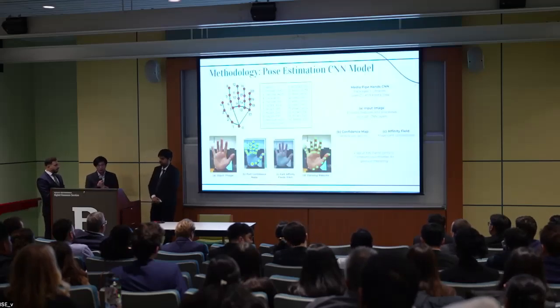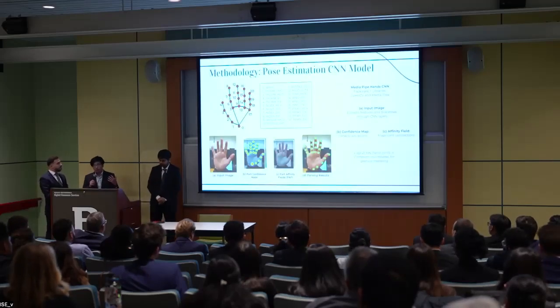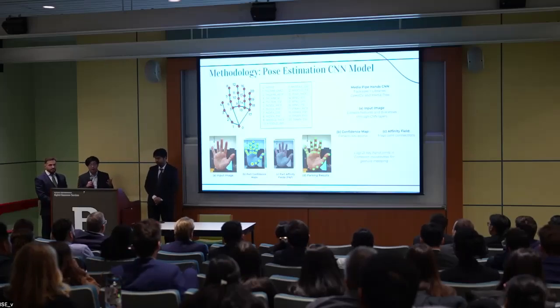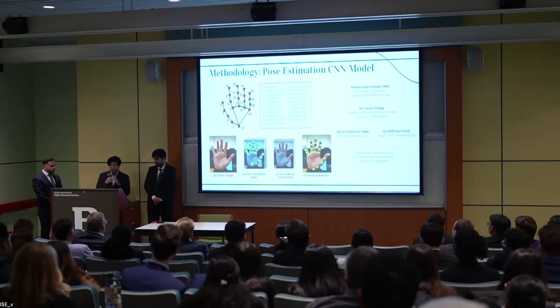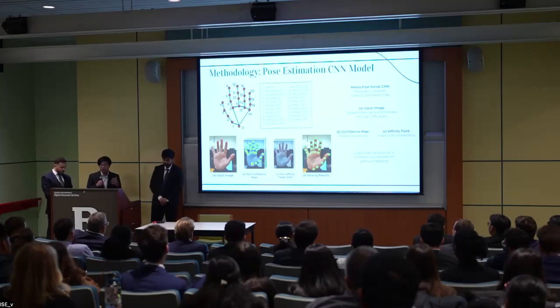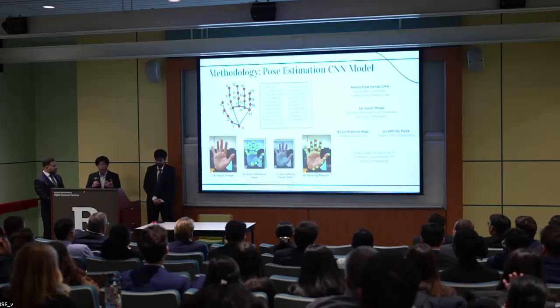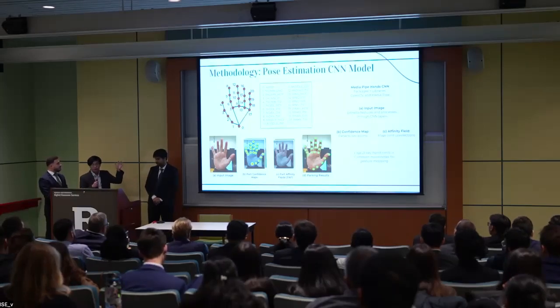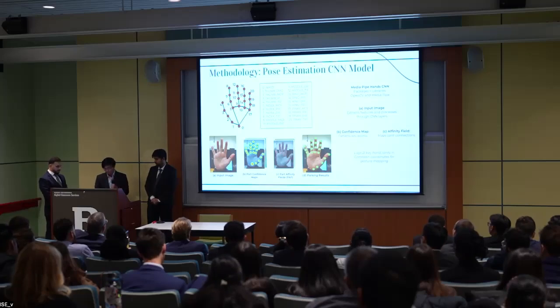So with the CNN model from MediaPipe, we get the part confidence map and the part affinity map. The part confidence map gives us the individual joints, and the part affinity map connects the joints together. With these, we use the Cartesian coordinates based on the pixels on the screen to locate where each joint is.